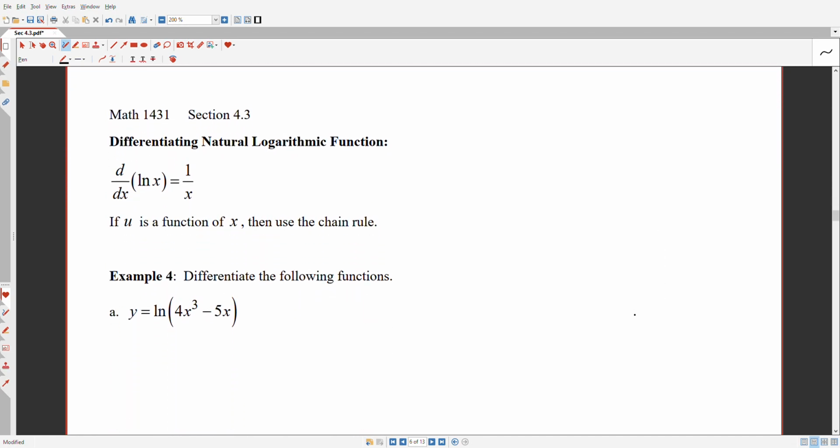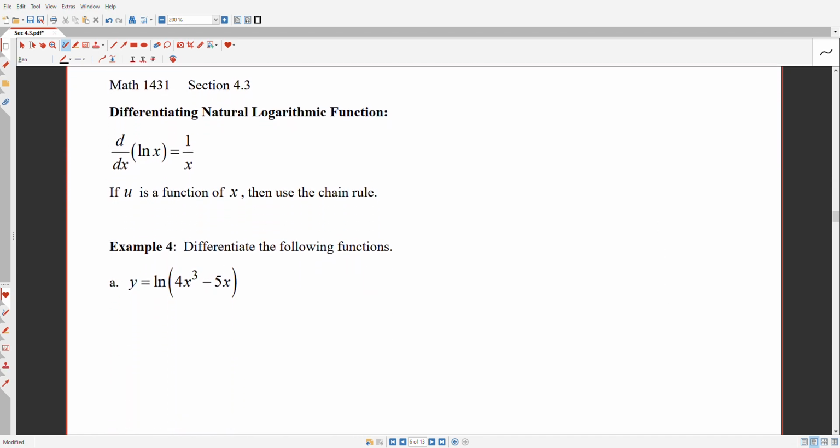But now we finally get to the calculus part of this, which is how do we take a derivative of these log functions? The first one we think about is, how do I take a derivative of the natural log function? And if you like memorizing rules, here is a new rule to memorize. The derivative of the natural log function is 1 over x.